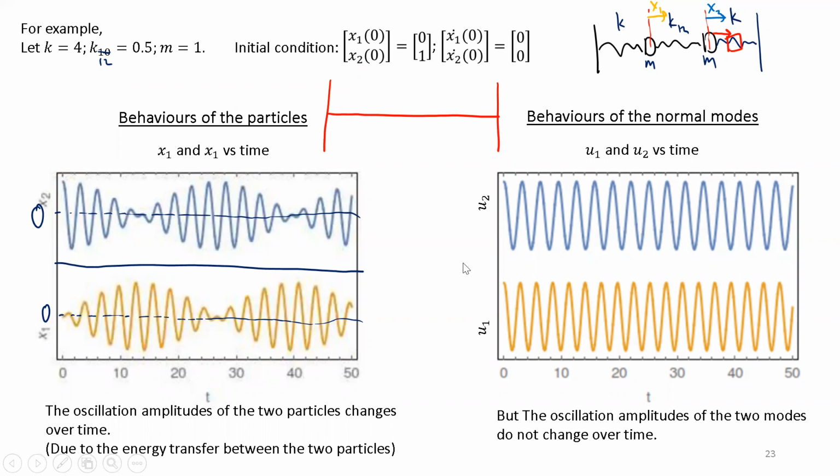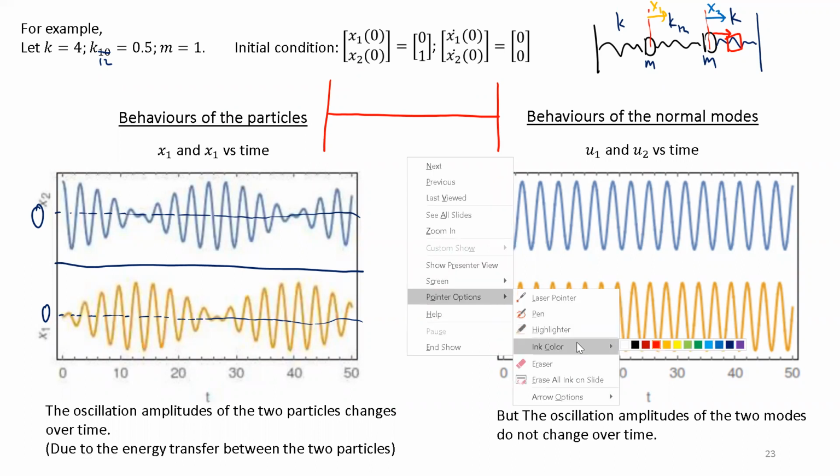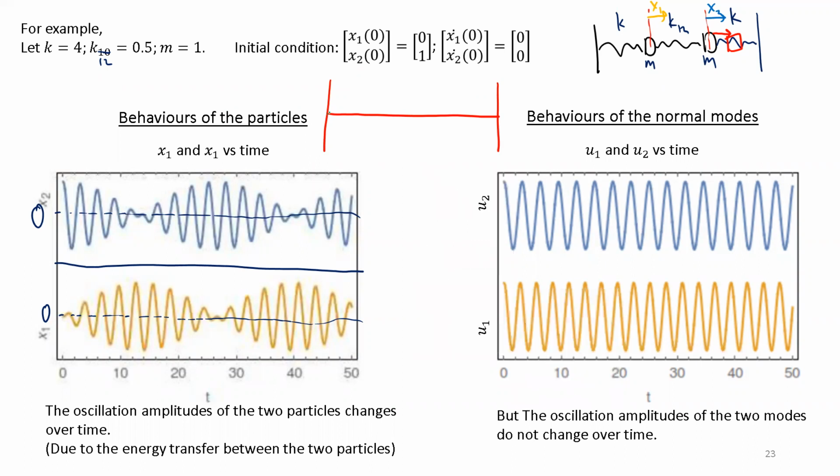If you have this one, the modes that you have would be something like this. This is one of the modes, and then this is the other mode, and this is the third mode and so on.